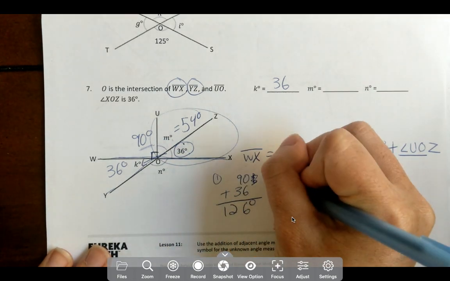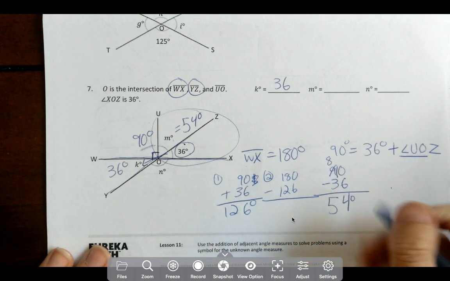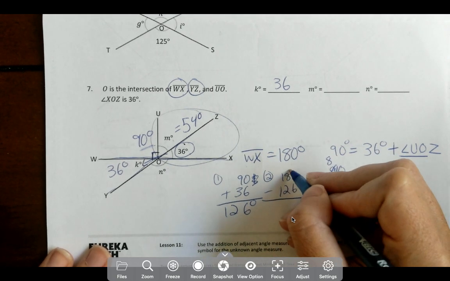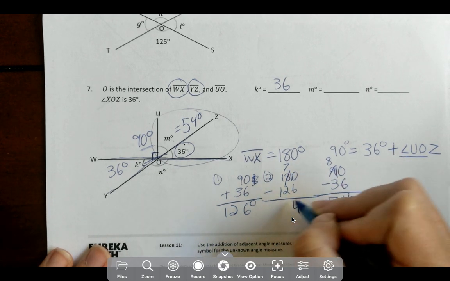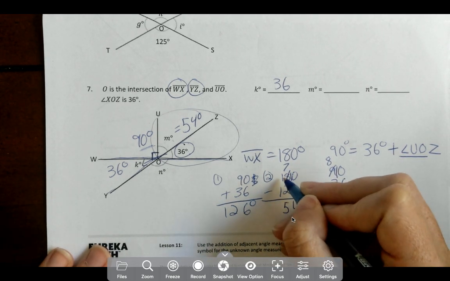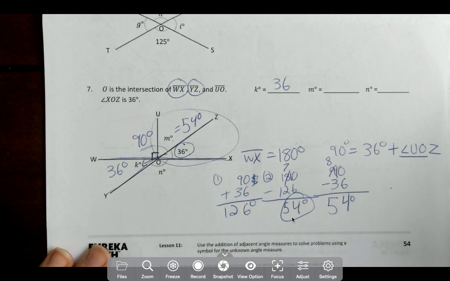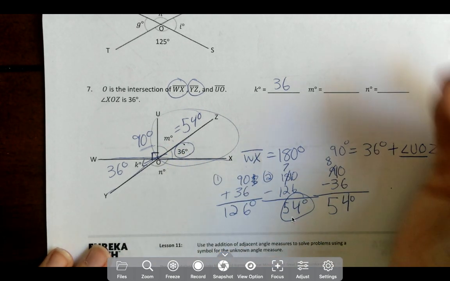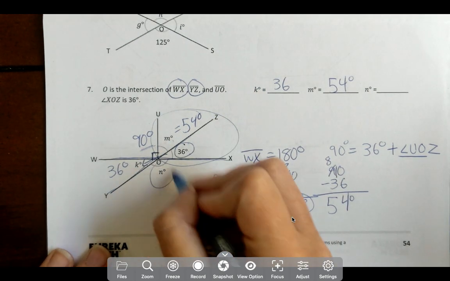Then you could subtract 180 minus 126. And again, 0 minus 6 you cannot do. 8 turns into a 7. 10 minus 6 is 4. 7 minus 2 is 5. 1 minus 1 is 0. So again, 54. So there's two ways of finding M. So 54 is M. Now we need to find N.